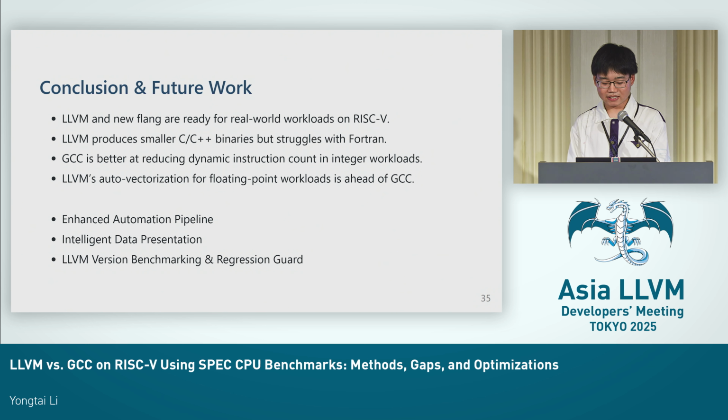We also found that for C and C++ code, LLVM usually makes smaller binaries than GCC, but for Fortran, it can get quite a bit bigger. Performance-wise, GCC still has a slight edge on integer benchmarks, while LLVM's auto-vectorization really shines on floating point benchmarks when the vector extension is on.